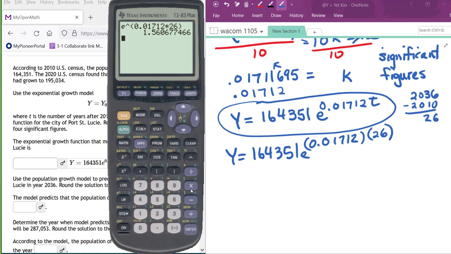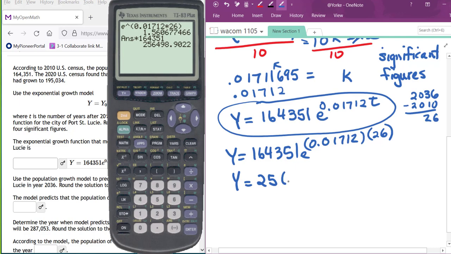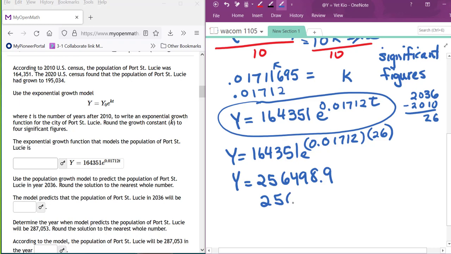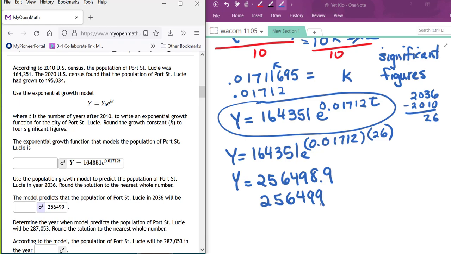That number times, now we'll do it times the 164,351. And so we get 256498.9, and this probably said to the nearest whole number, so this 9 would push us up. So 256499. So we're good there.